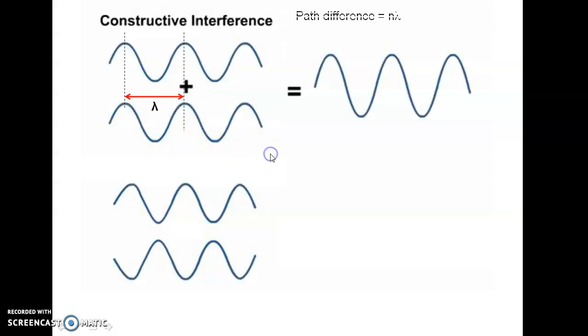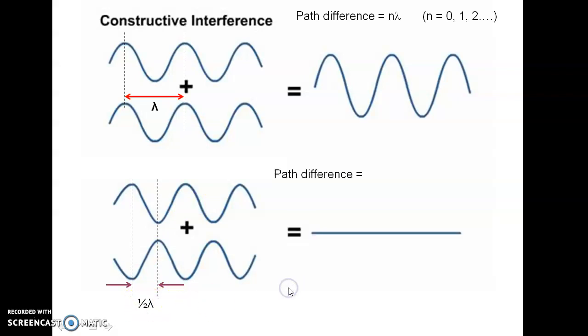We could also say that the path difference is nλ, where n is 0, 1, 2, 3, etc. For complete destructive interference, the minimum path difference would be a half λ. Or as a series, we could say (n + ½)λ, where n is 0, 1, 2, 3, etc.